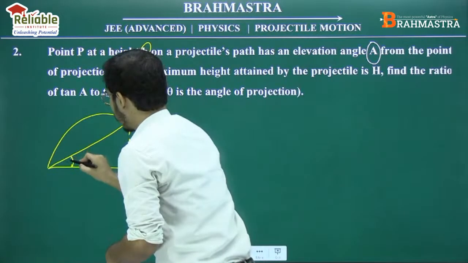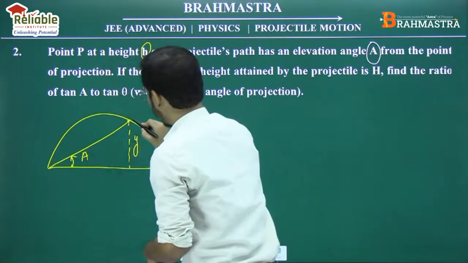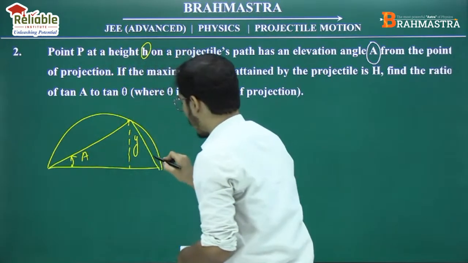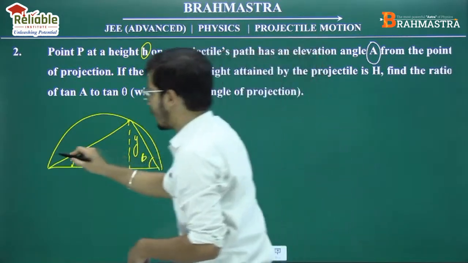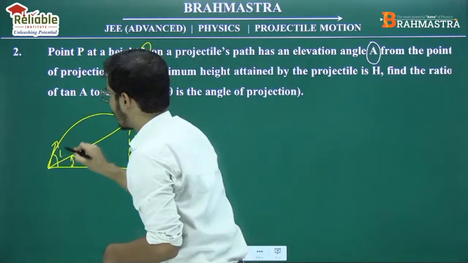So this angle is, let's call this A, and if we join it at this corner, this is going to be B. So it is A and it is B, and the projected angle is theta.